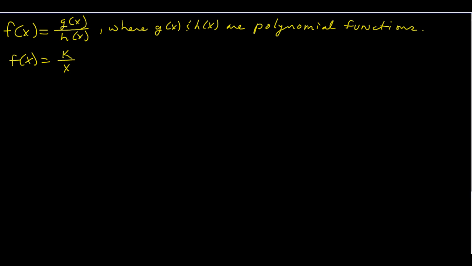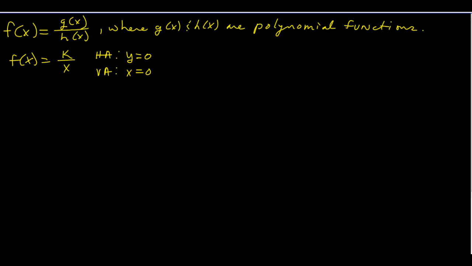The denominator is linear because it has a degree of 1, and what we saw was that we get a horizontal asymptote at y equals 0, which is the x-axis, and a vertical asymptote at x equals 0, which is the y-axis.